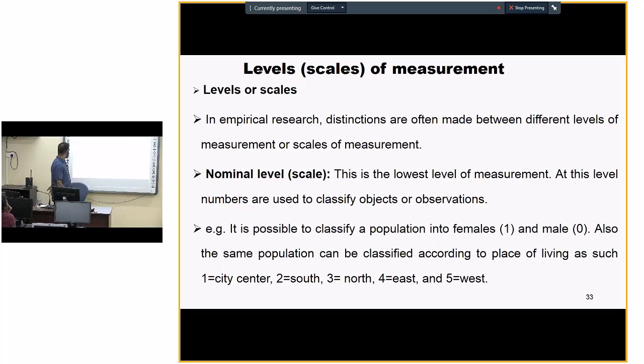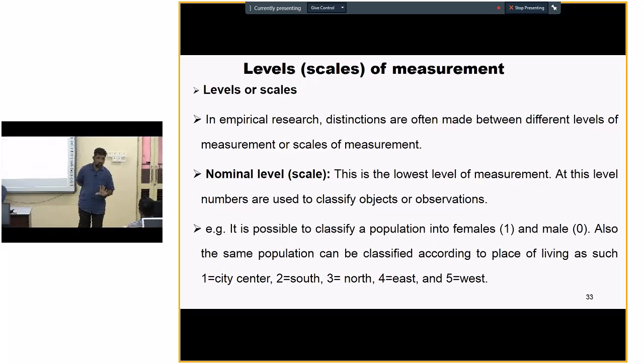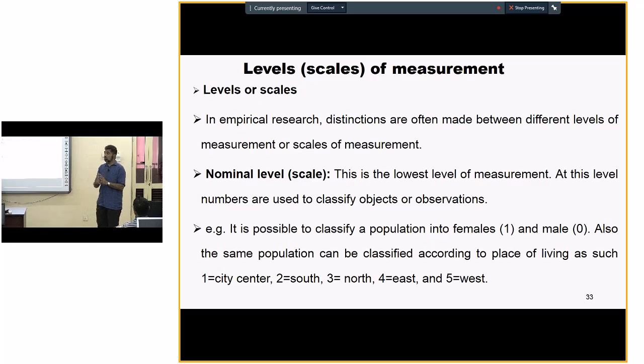At this level, numbers are used to classify objects or observations. This means now, if you take one example, male and female. Here we have 50% female and 50% male. Otherwise we can count 2 female and 2 male, right? Then we can count to segregate that category, but we cannot make any operations.